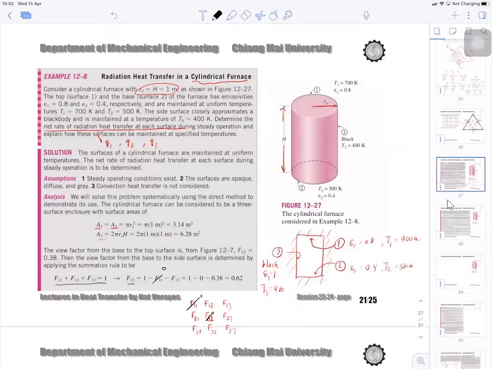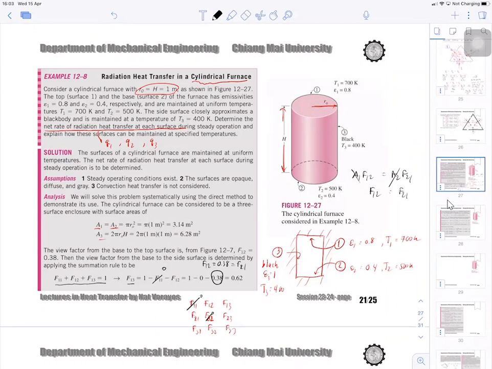Let's say you open that graph and you find F12 is equal to 0.3. And you know right away that it is going to be equal to F21. Why is that? From reciprocity, you can use the reciprocity relation: A1 F12 is equal to A2 F21. A1 and A2 are equal because they are the top of the tank and the bottom of the tank. So F12 equals F21.